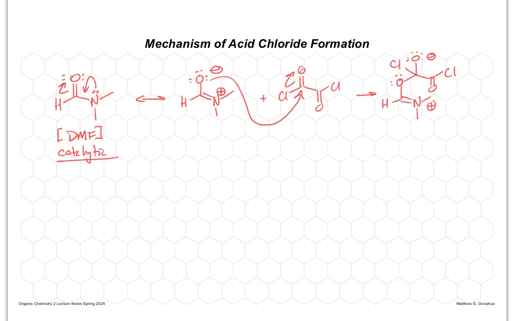So N is plus, the other oxygen is minus. So that's a nucleophilic addition. Now we're going to get an elimination. So this collapses, and then we'll eject out Cl minus.